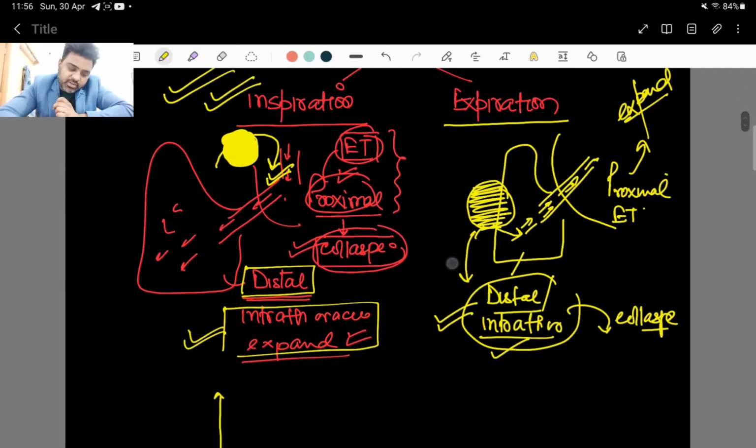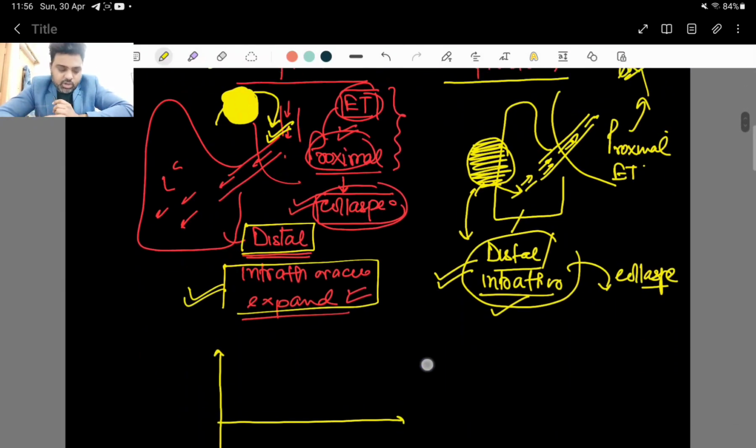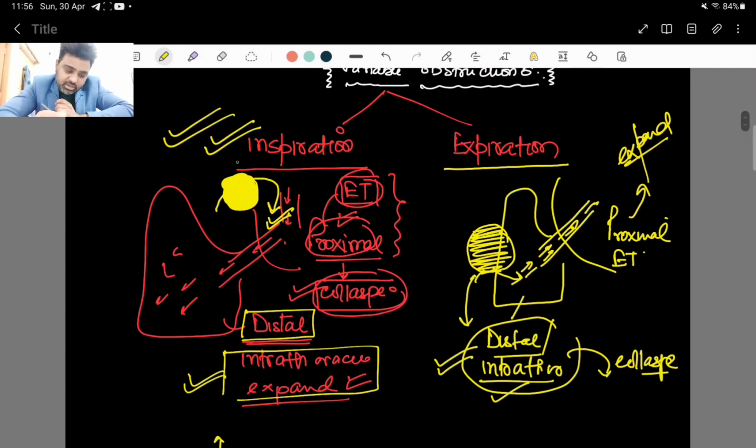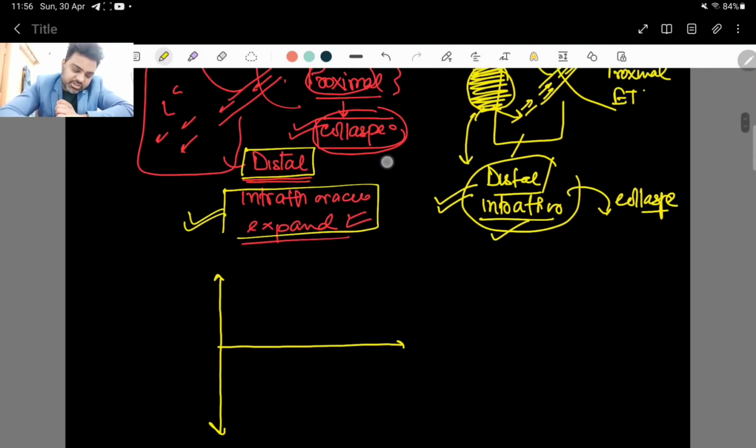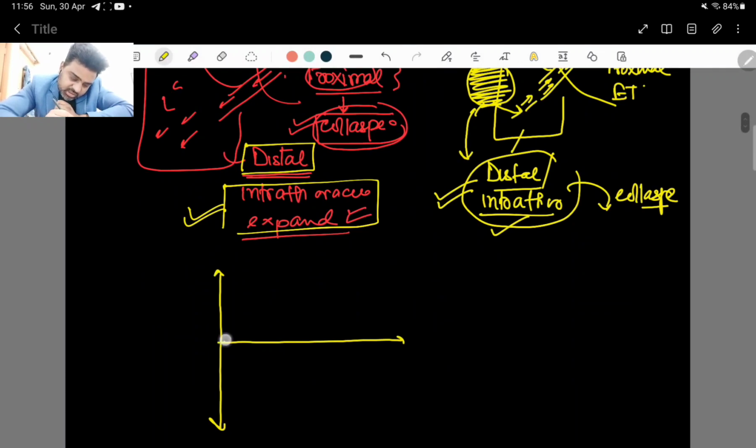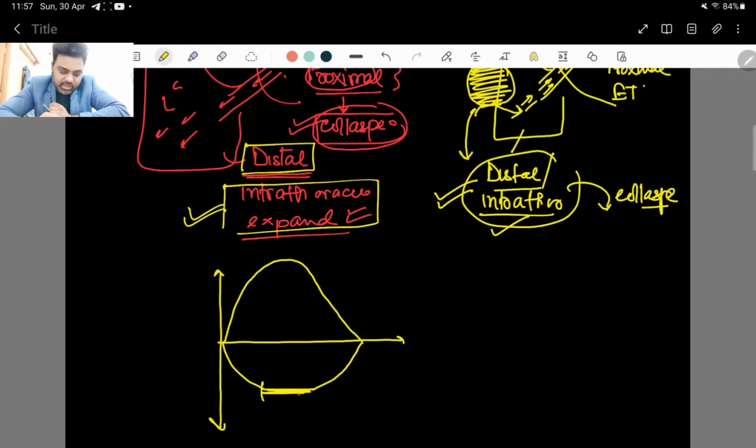In case of an extrathoracic obstruction, I have told you that it will mainly affect the inspiration. So the expiration part will be normal, but the inspiration part will be hampered. So the graph will be like this. There will be a straight line in the inspiration part.